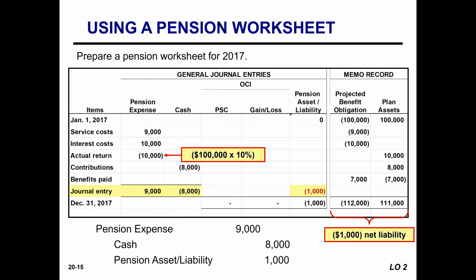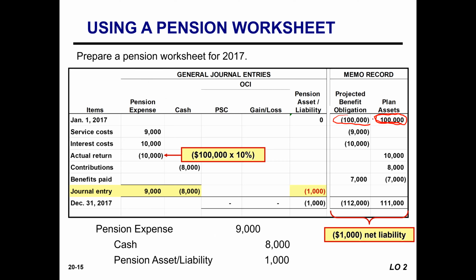And so you see that pension worksheet here, and you see the journal entry that we would use to record this. Again, plan assets January 1, 2017 are 100,000. And here's that number right there. Those are our plan assets at the beginning of the year. Projected benefit obligation January 1, 2017 is 100,000.